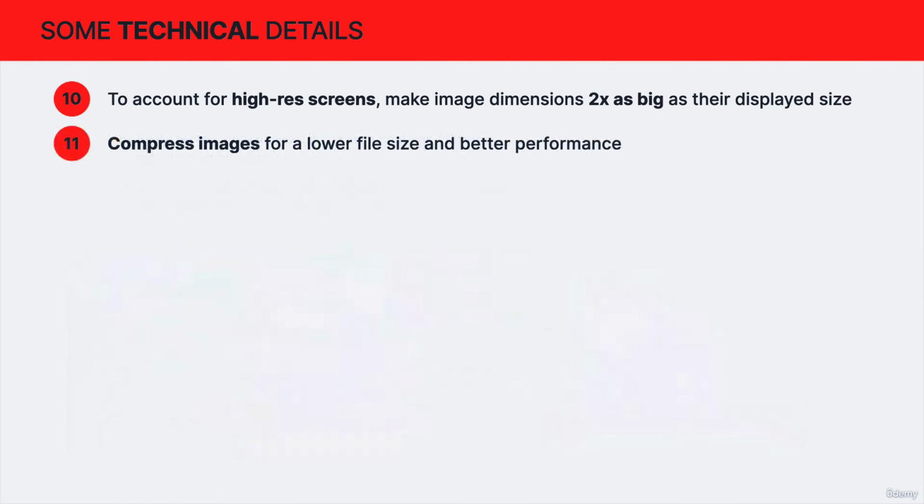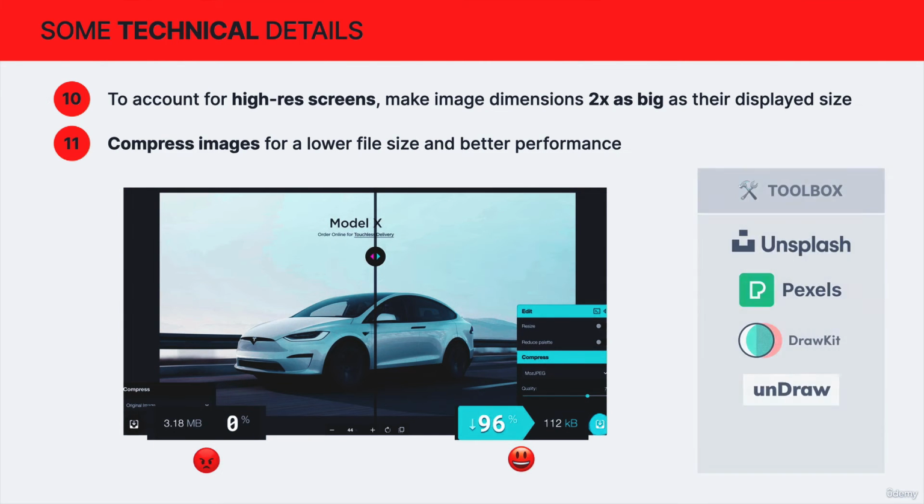So, another thing that you need to do is to always compress images for a lower file size and to achieve better load performance for your website. There is this extremely handy tool here, called Squoosh, where for this example, I can reduce the file size by an incredible 96%.